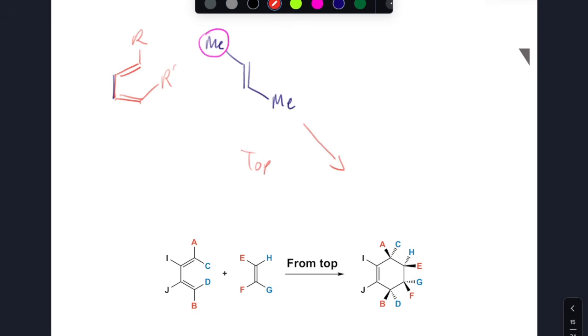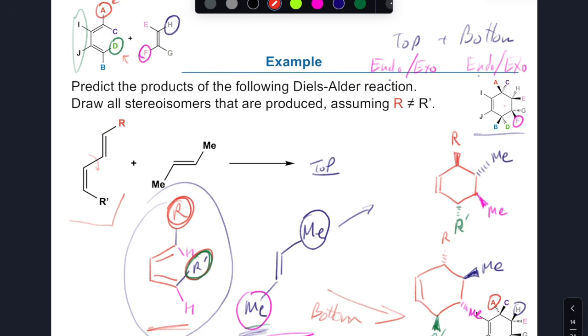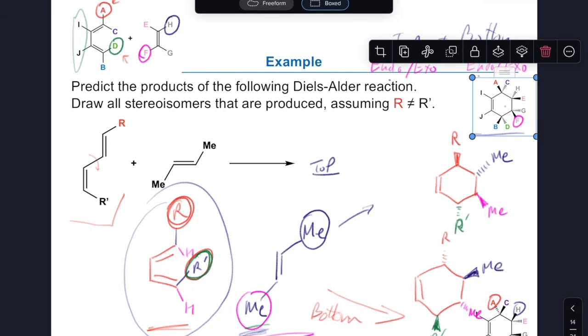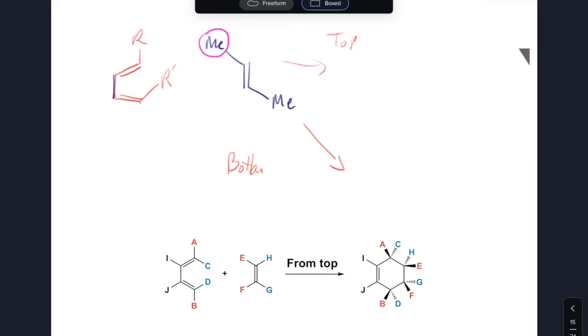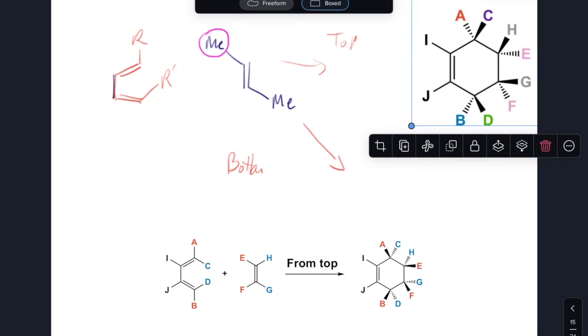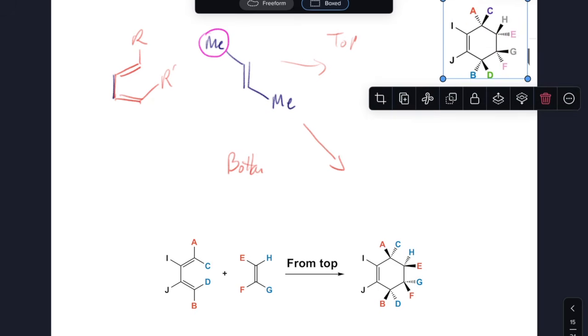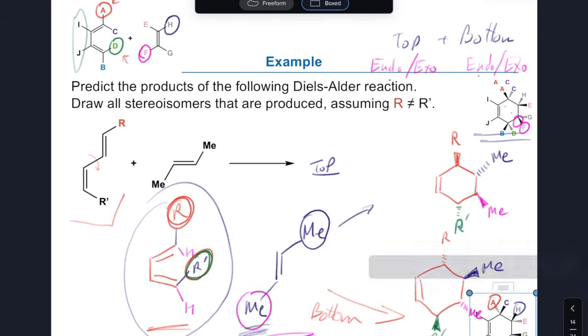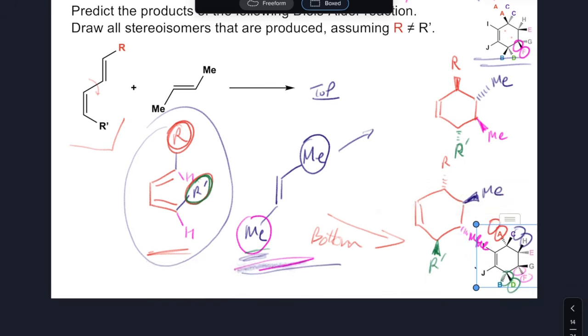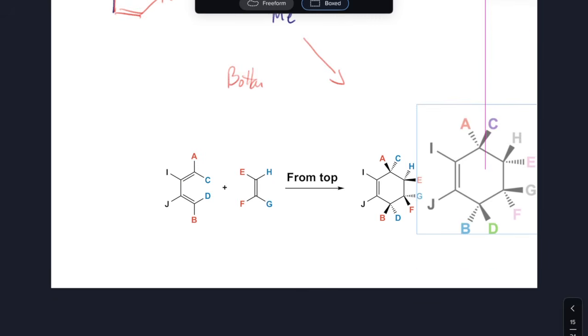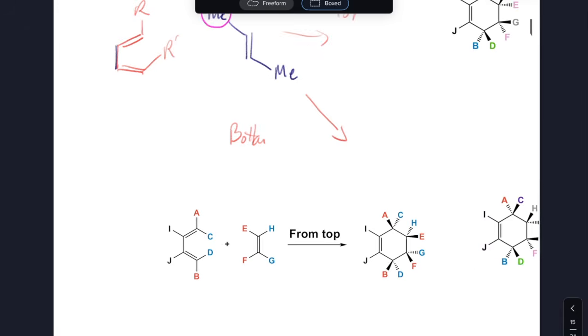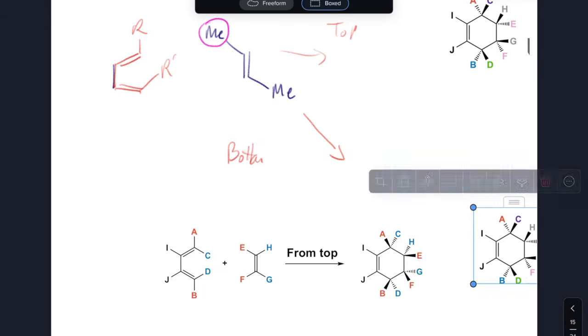Actually, we'll do it the same way. So bottom down here and top up here. I'm going to go back and we're going to grab these again. This is from the top geometry, and we're going to copy this one and paste it down here as well. So we've got top and bottom, just as our template points.